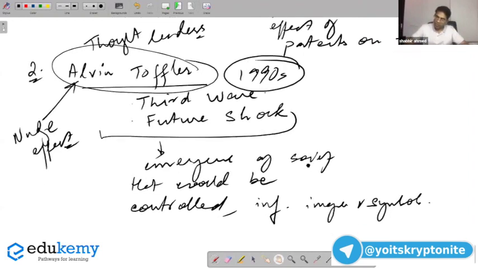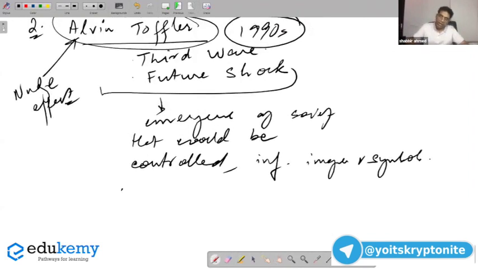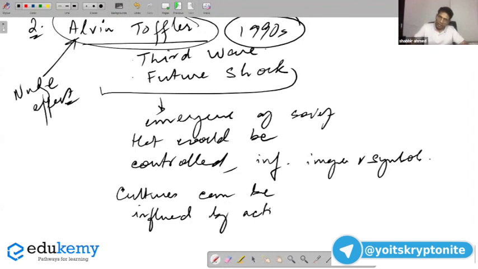In fact, he talked about how cultures can be influenced by actionable data.